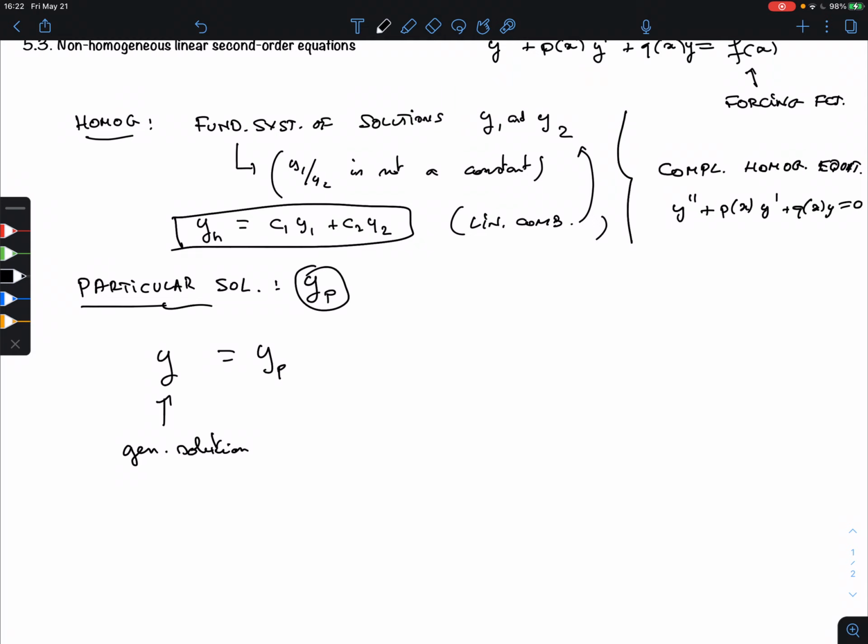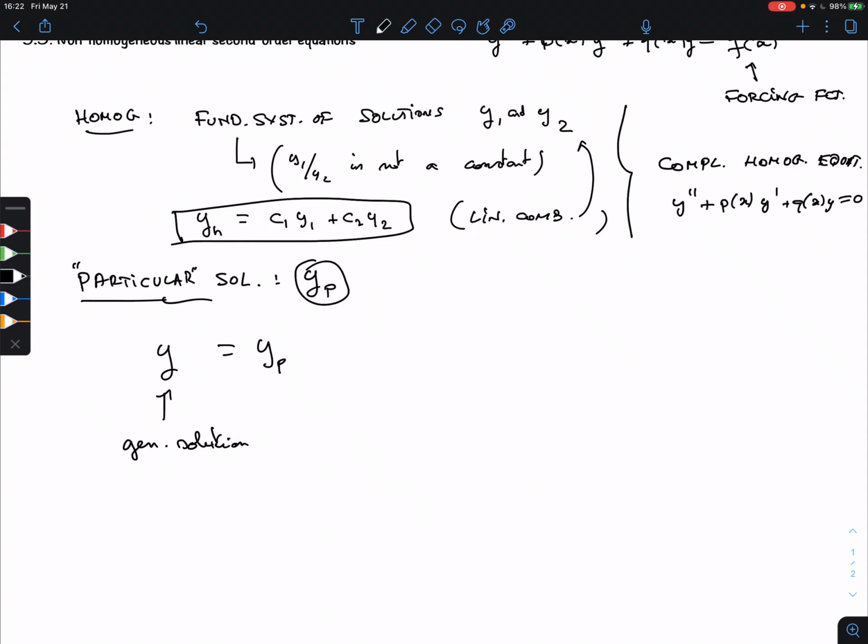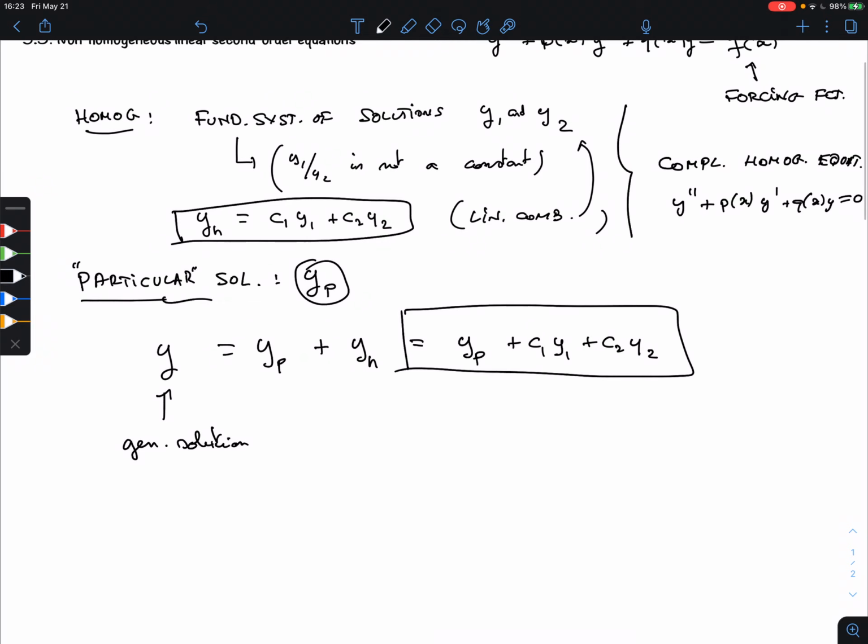Particular means a single one, no constant involved, just one solution, and you add the general homogeneous solution. In other words, y equals yp plus c1 times y1 plus c2 times y2. Now, if we have initial conditions, we can find what c1 and c2 are.